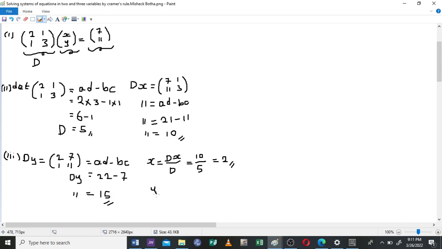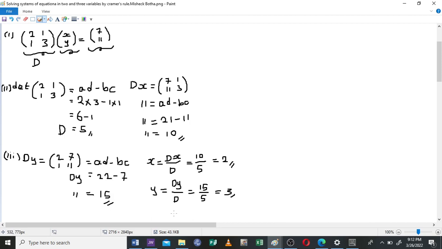Now we do the same for y. We have y is equal to the determinant of matrix Dy divided by the determinant of matrix D. The determinant of matrix Dy was 15 divided by the determinant of D, which was 5. This gives us 3, right?